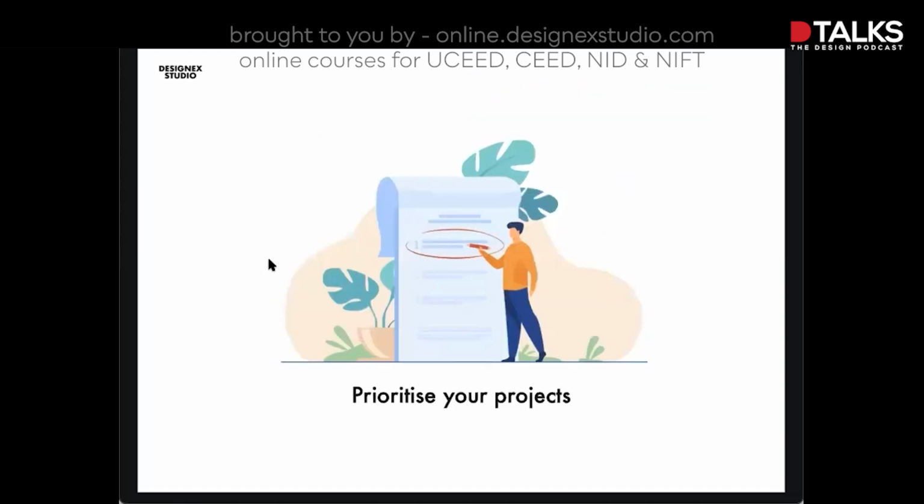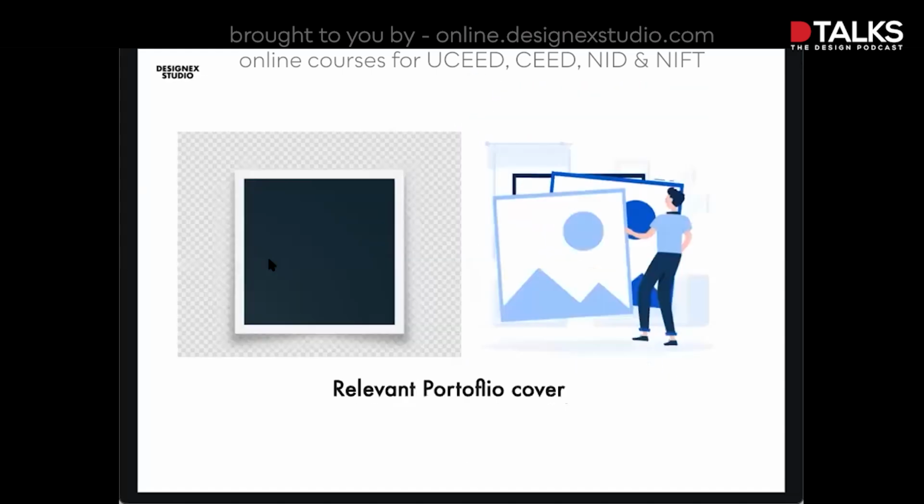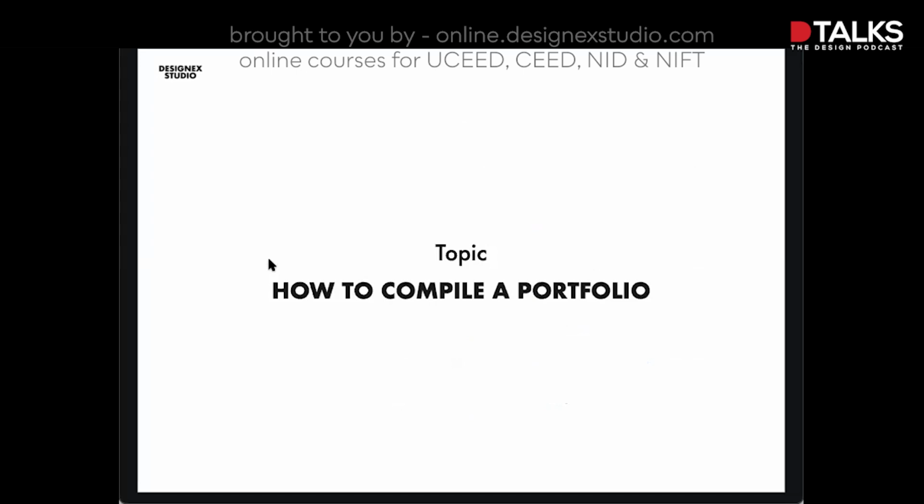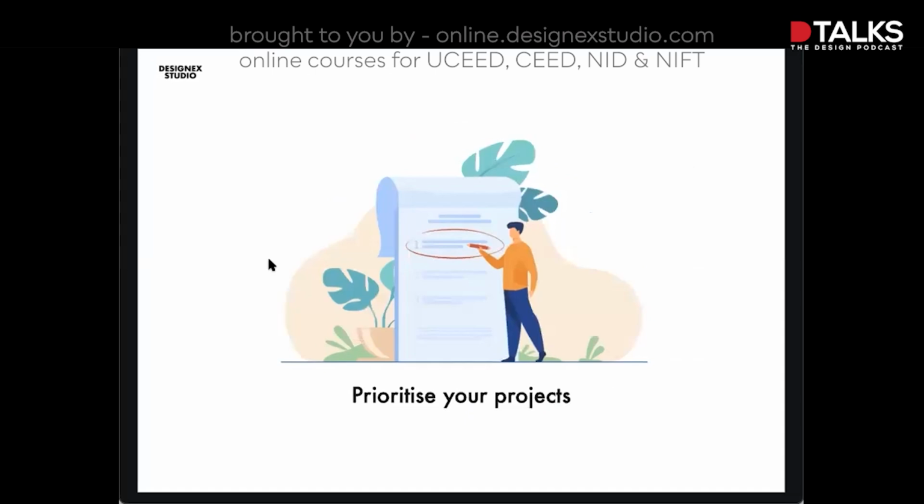Now, these are the few main things a portfolio must have. Fairly simple. We talked about how a project should be in the last session. Now, how you can compile all of those things together in the portfolio. One important thing I would like to stress here on prioritizing projects is that it is important to present your best work in the front.